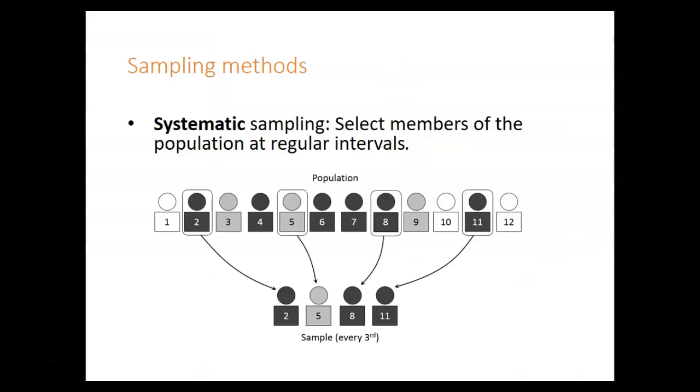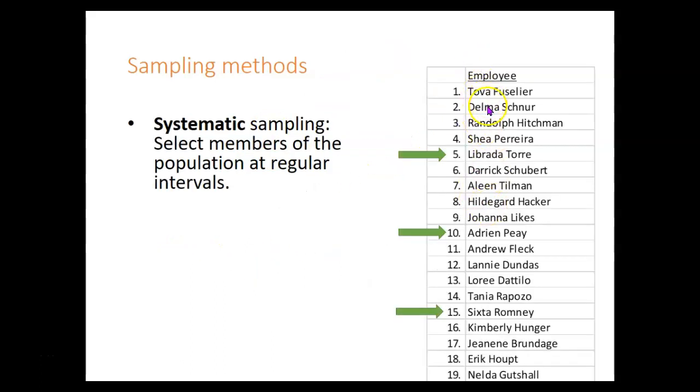Systematic sampling is where you select members of the population at regular intervals. So you might go down and just pick every fifth name off your list of employees, and those are the ones you use for your sample.